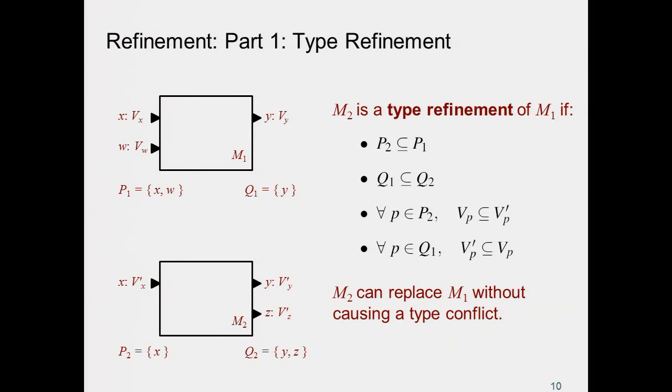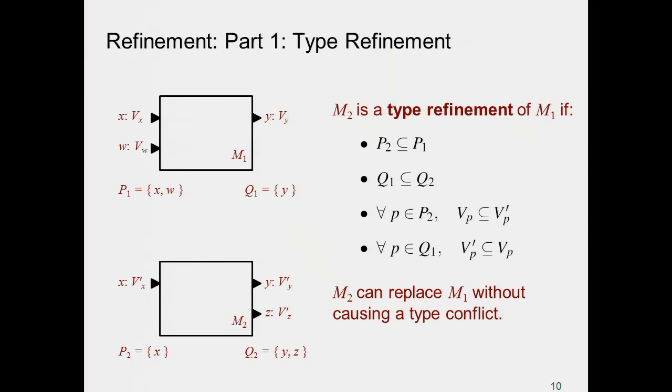So M2 is a type refinement of M1 if, now this one is an actor model, so P1 are the values X and W that are at the input ports, and Q1 is the set of values that the output port can take, so X and W in P1, and in Q1 is Y. Now, the other machine that we want to compare with has a less rich input alphabet, if you like, and a richer output alphabet.